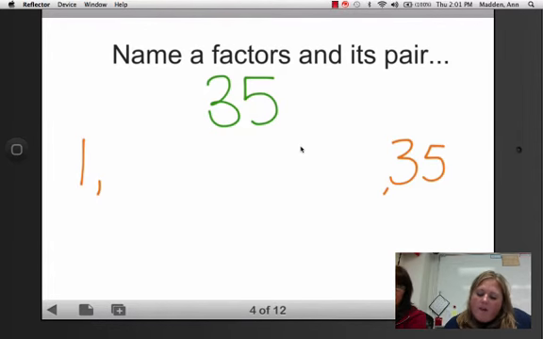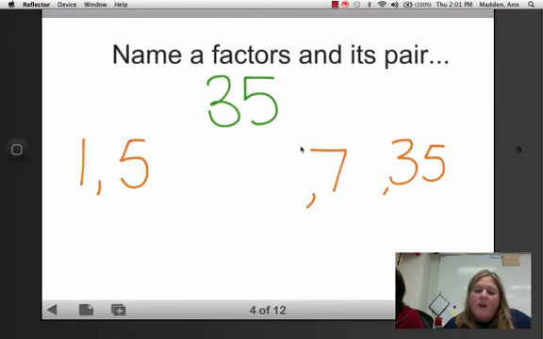Let's see. 4, if the last two digits, which is 35, is divisible by 4. 35 divided by 4, I would get a remainder, so that one does not work. 5, if the last digit is 0 or 5, it is, so 5 is going to work. I can think in my head, 5 times what is 35? 5 times 7 is 35. There would be its factor pair. 6, if the number is divisible by 2 and 3, it is not.